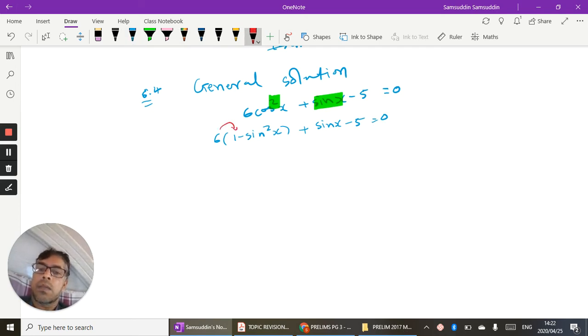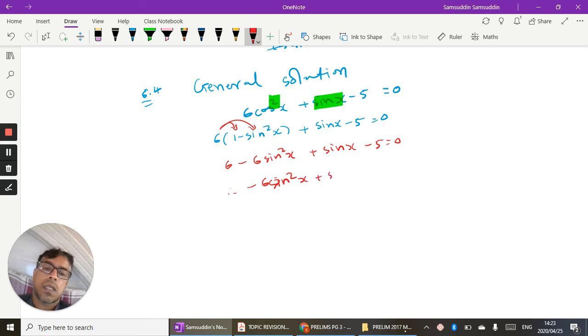Then multiplication, 1 by 1, 6 minus 6 sine squared x plus sine x minus 5 equals 0. So this one is my quadratic. Negative 6 sine squared x plus sine x plus 1 equals 0.